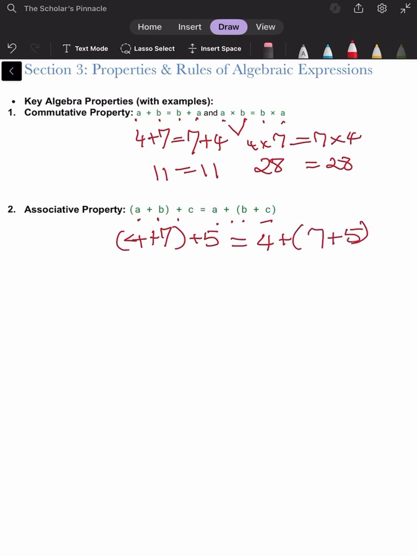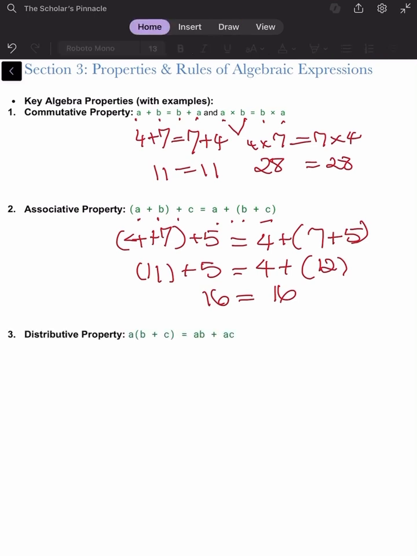Let's work on this together. 4 plus 7 equals 11. We can still keep that in parentheses. Plus 5 is equal to 4 on its own plus 7 plus 5, which is 12. Your answer, 16 equals 16. Let me know if you worked that out yourself and if you got the right answer.